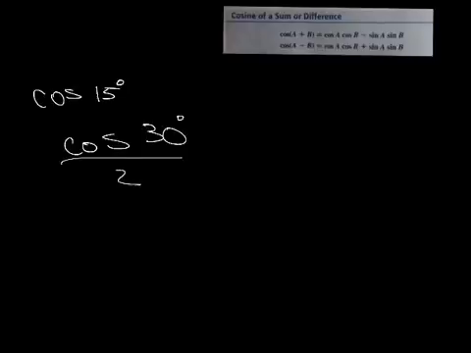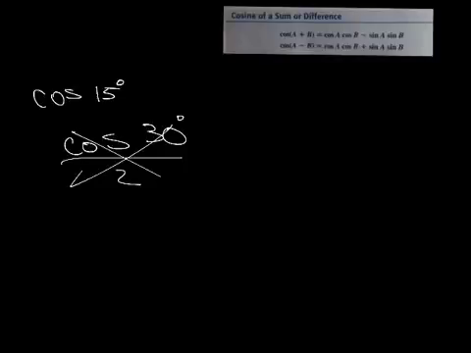the formulas right now. One of the things that you need to understand, though, is that the cosine of 15 degrees is not the cosine of 30 degrees divided by 2. Okay, that is not a true statement, and that's one of the things the proof is showing you.